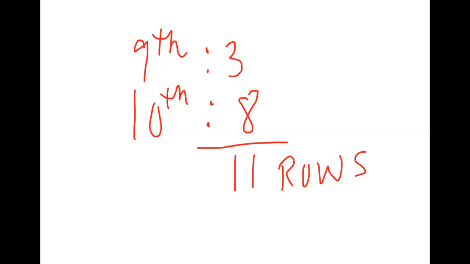Each row will have the same number of students, but ninth graders and 10th graders will not be seated in the same row. If she puts the greatest possible number of students in each row, how many rows will there be? Okay. How many rows will there be, right?